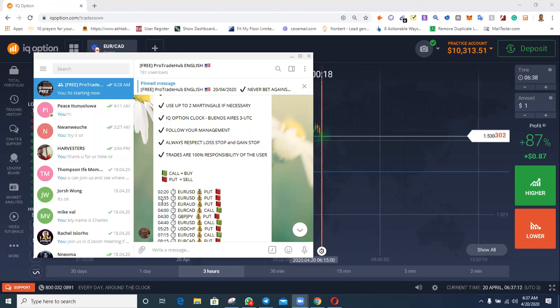So what you do is that since this is 2:20, on your paper you write 6:20 EUR/USD put. The second one, 6:55 EUR/USD put. The third one, 7:35 EUR/USD put.